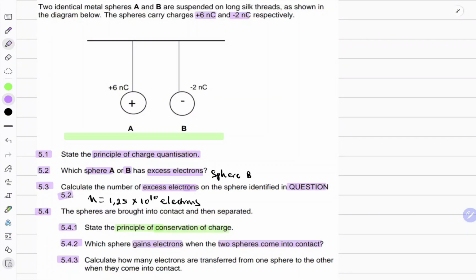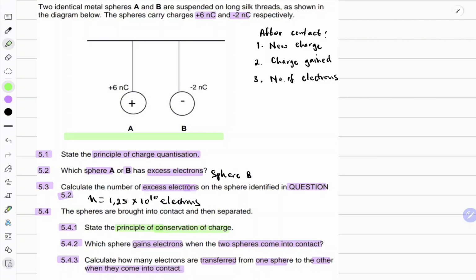Last question says, calculate how many electrons are transferred from one sphere to the other when they come into contact. So to solve this question, there's a 3-step solution that we need to follow. After the spheres have made contact, you can calculate the new charge on each sphere by using Coulomb's law.